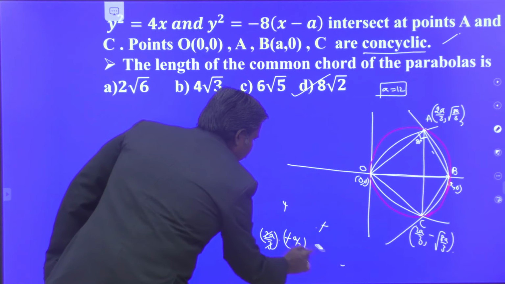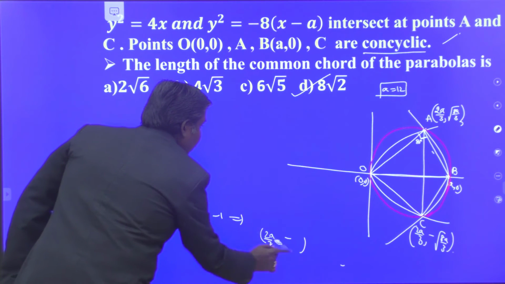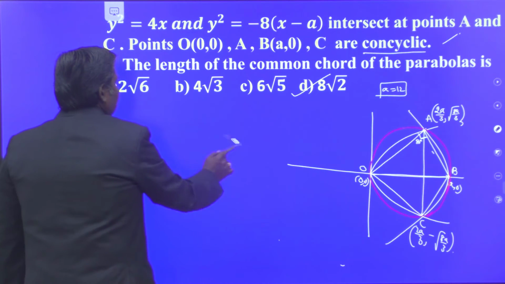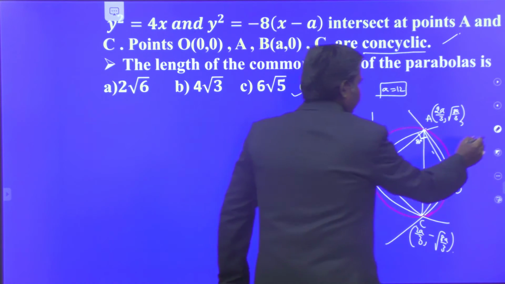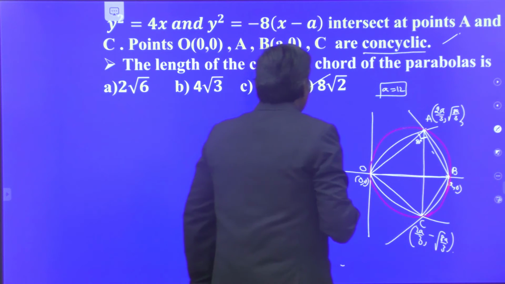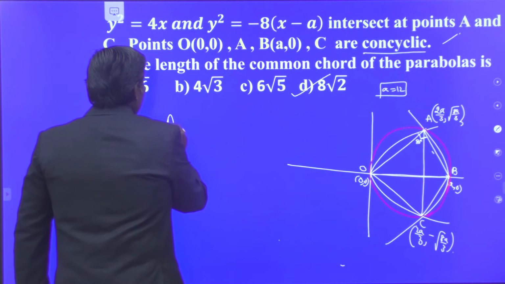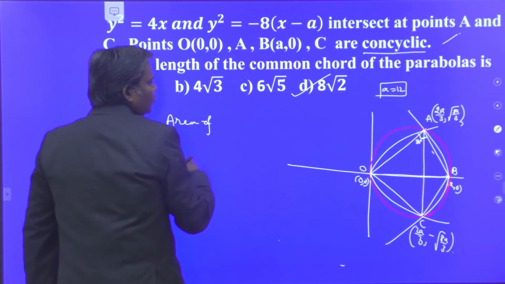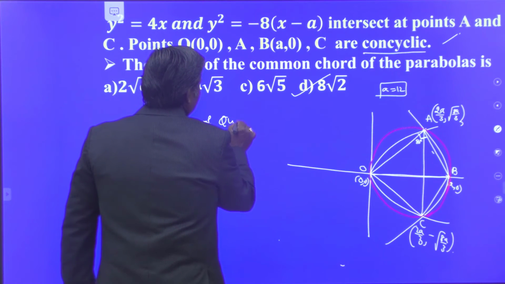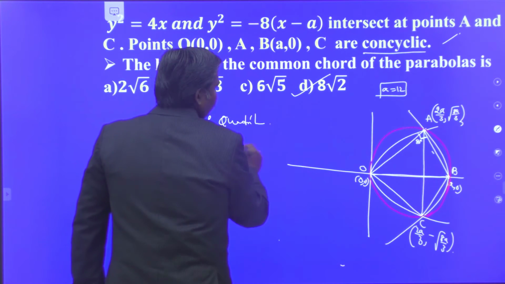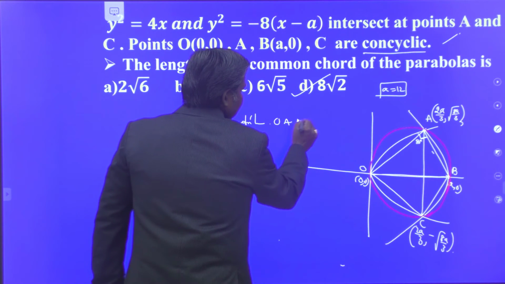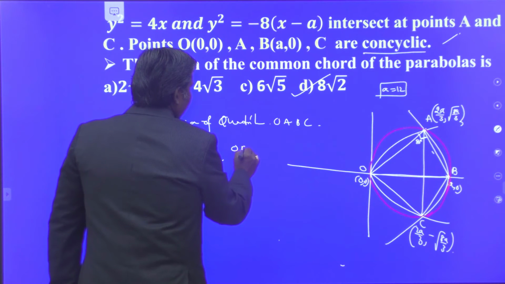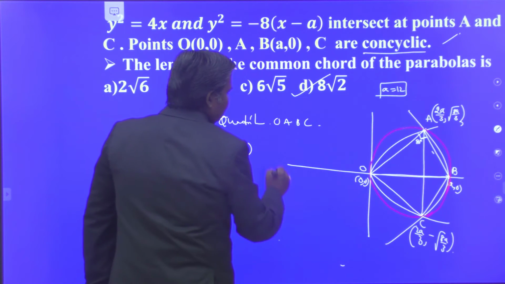Now what is the area of that quadrilateral? Half times the product of the lengths of the diagonals. So area of the quadrilateral OABC is equal to half into OB into AC.